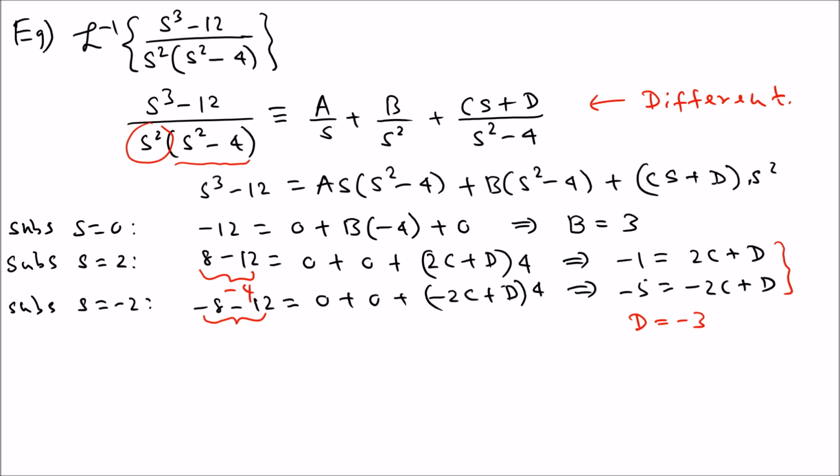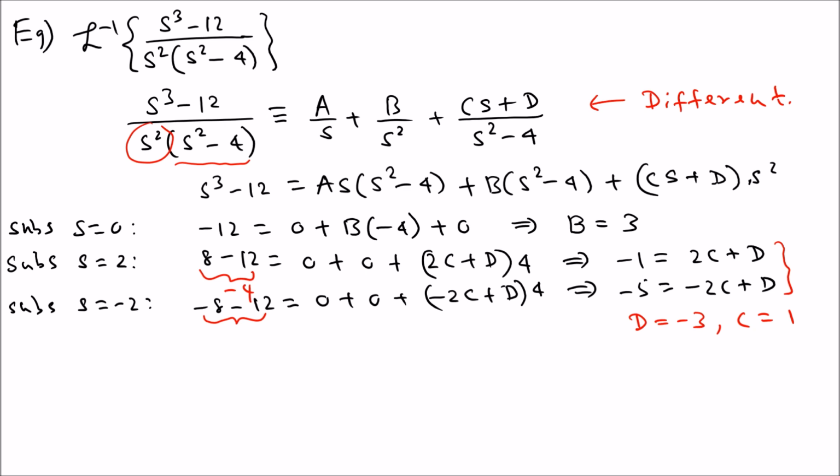You're going to get 4 equals 4c, which says that c equals 1. So those are two numbers you get there.